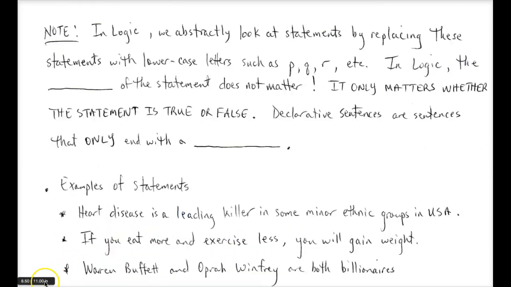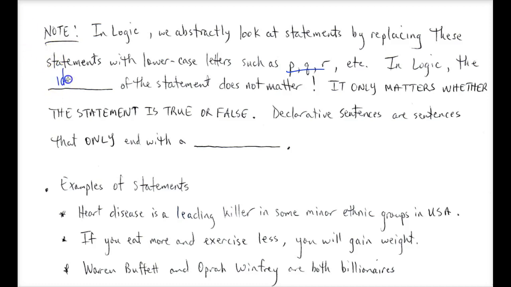All right. So in logic, we abstractly look at statements by replacing these statements with lowercase letters such as P, Q, R, etc. And so in logic, we know that the idea of the statement does not matter.